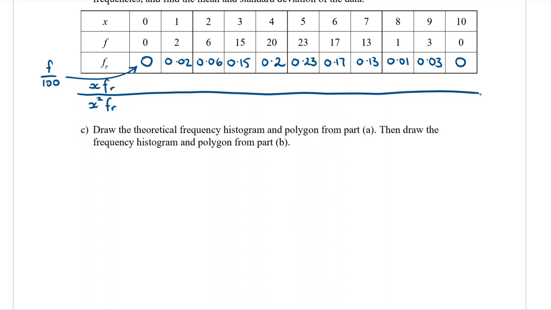So to find x f of r, you are timesing the x value with the f of r. So again, it's 0 times 0, which is still 0.